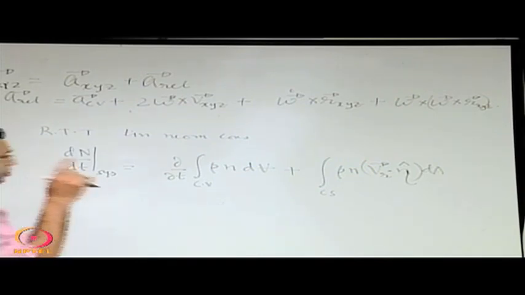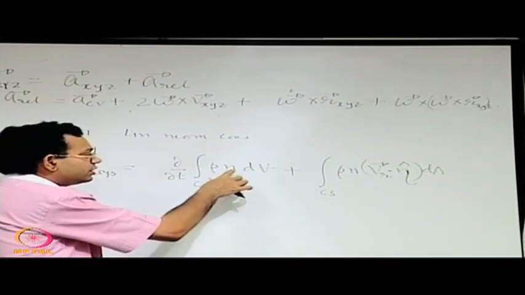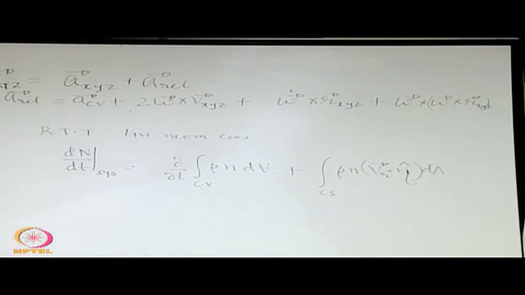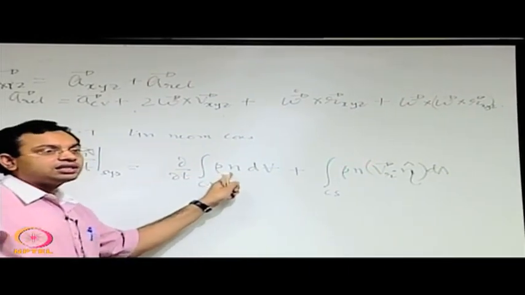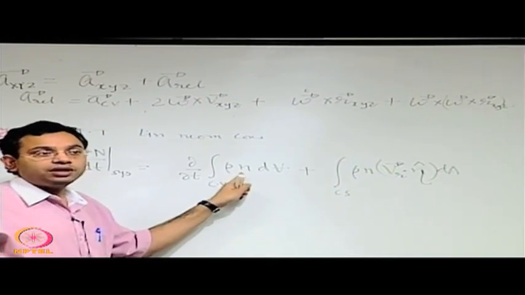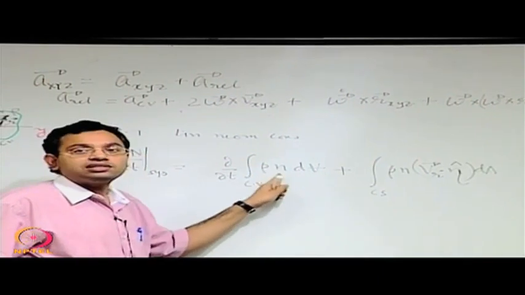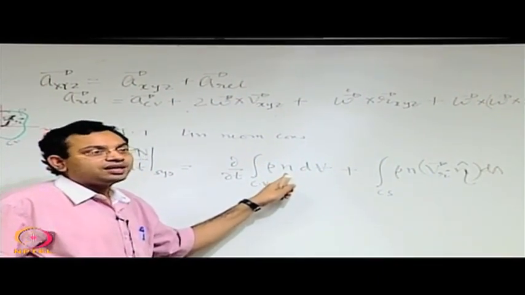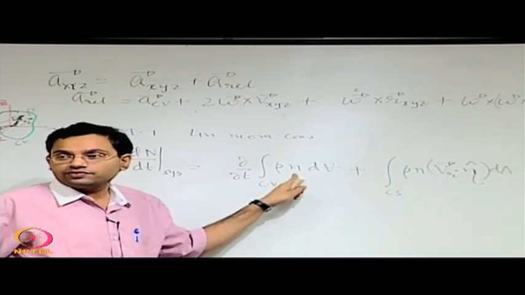Now one important thing is that we have no restriction on the choice of this capital N and small n, that is we are not restricted to write this only as quantities relative to an inertial reference frame. We may even write this relative to quantities in a non inertial reference frame, because when we derived this theorem we never had any consideration for a specific inertial or non inertial choice of the reference frame.